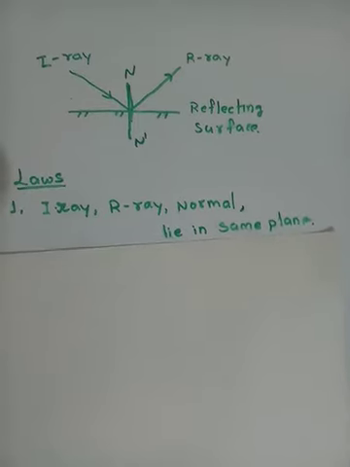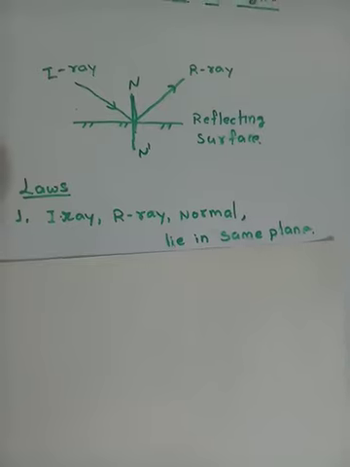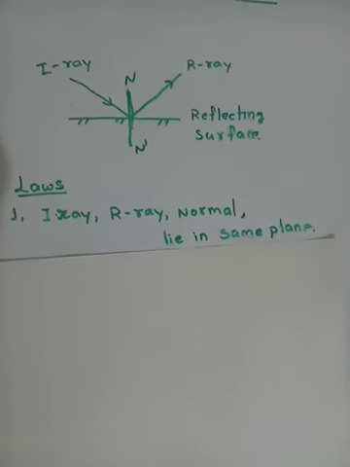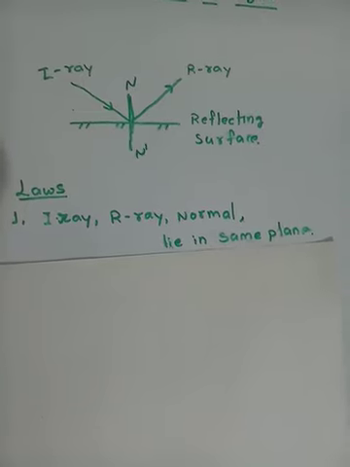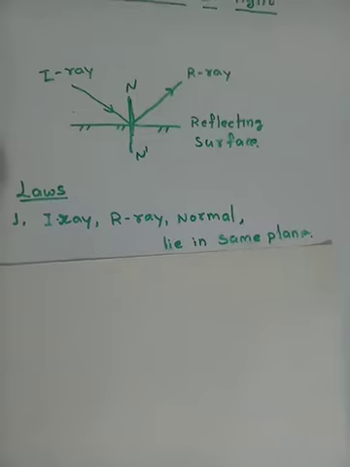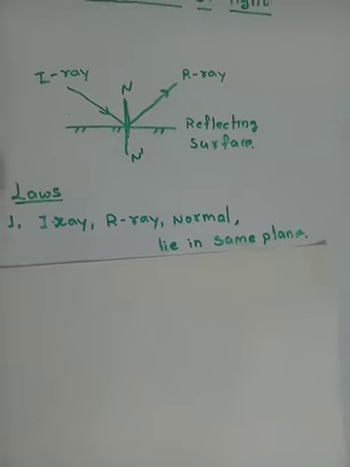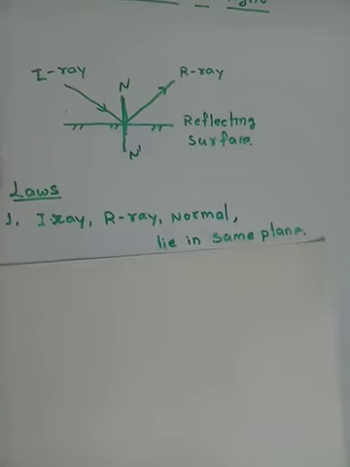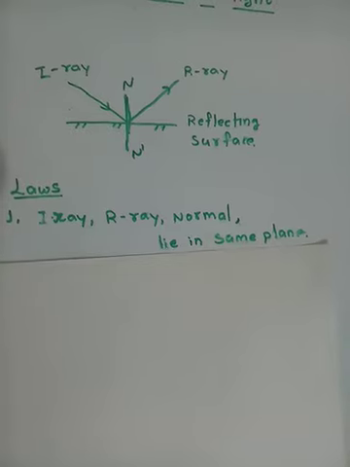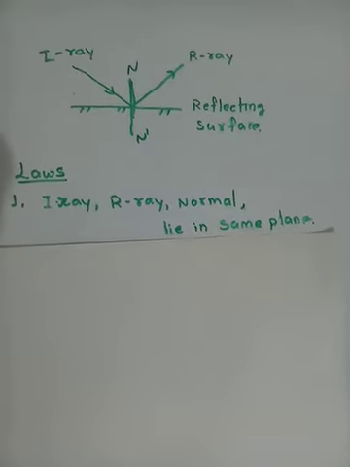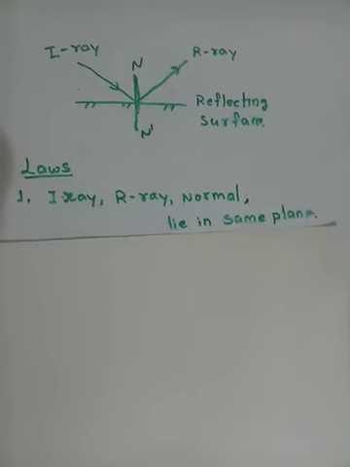So how can we draw a two-dimensional diagram for a three-dimensional phenomenon? This law permits us to draw two-dimensional diagrams for a phenomenon taking place in three dimensions. Other than this, there is no importance of this law; it just permits us to draw ray diagrams in our notebooks.